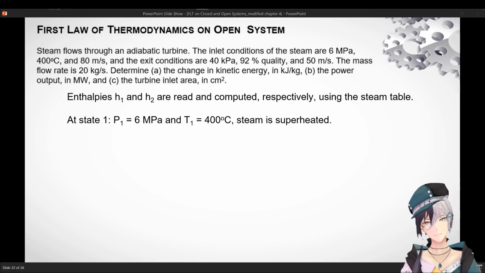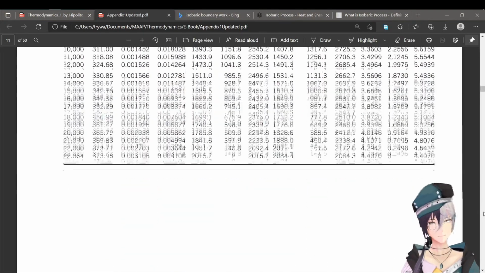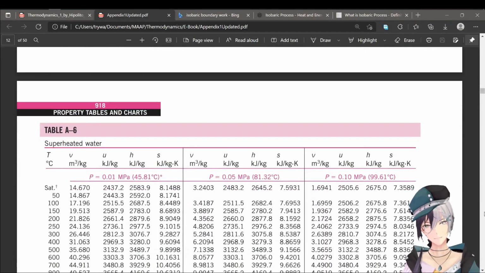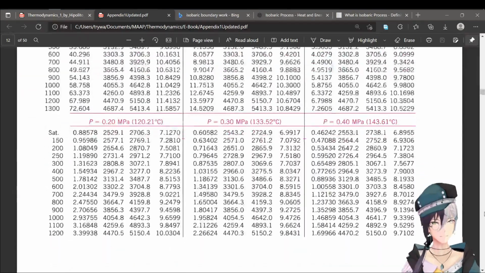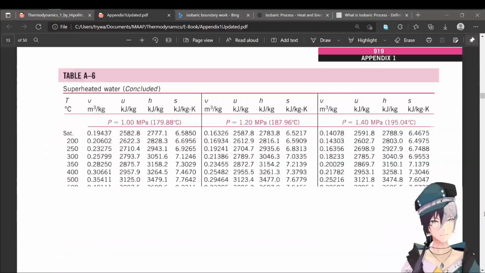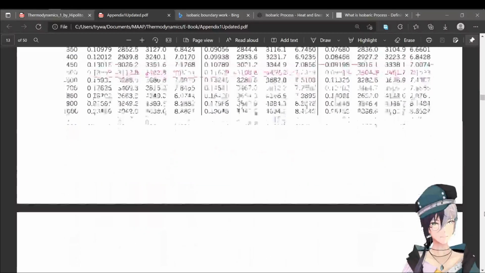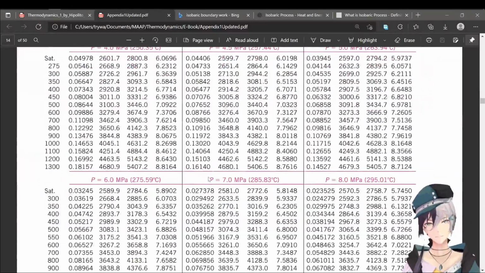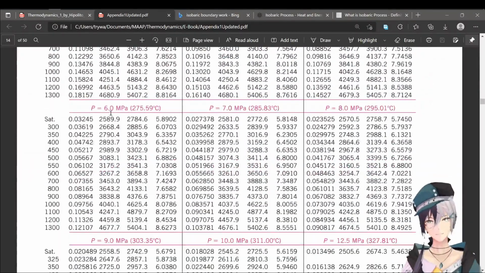If it is superheated, we now go to the superheated table. So let's look for the entry 6 megapascal. Okay, so there we are. 6 megapascal and then temperature at 400.